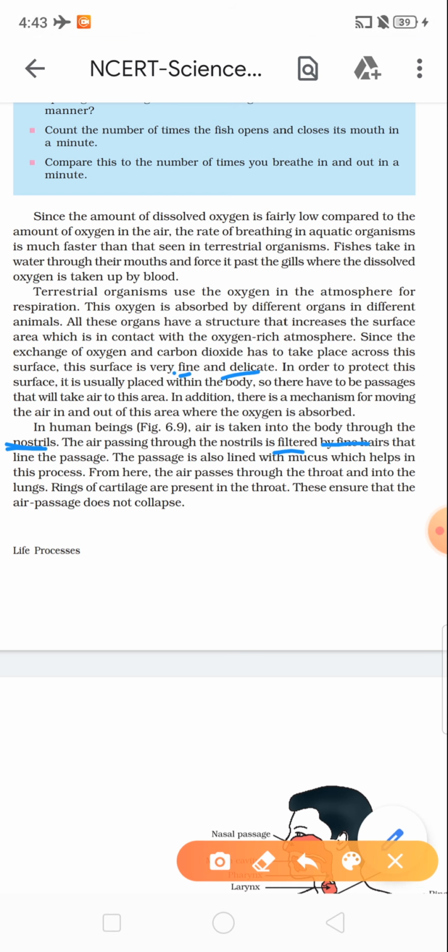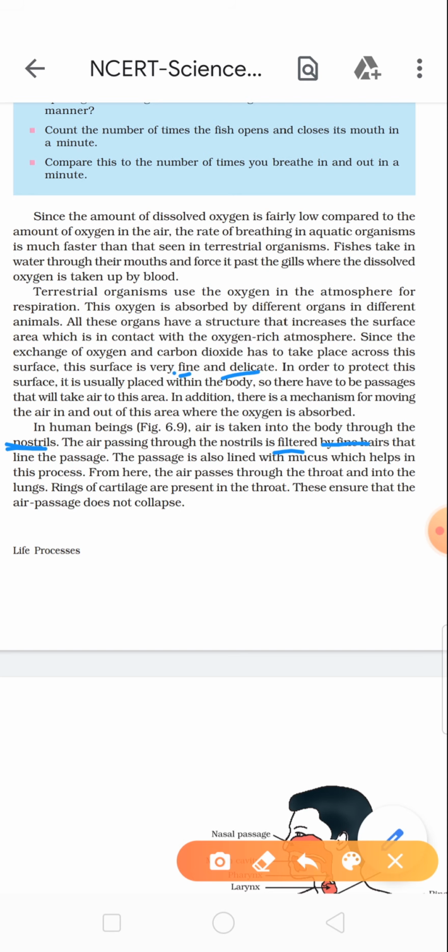We know that when we are inhaling the air, in the atmosphere we have fine particles, and these should be stopped. Otherwise, what will happen? Continuously these fine particles will enter into our respiratory tract and may block it. So the fine hair acts as a filter.